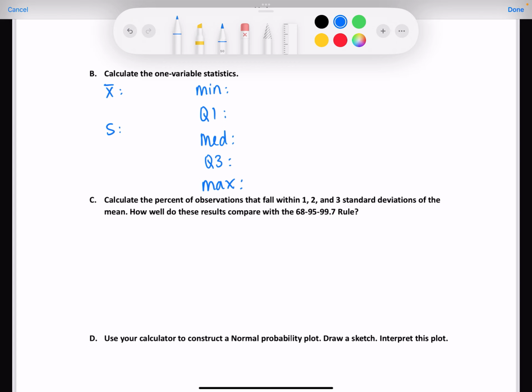Alright, so an X bar of 15.6, a standard deviation of 2.5 or 2.6, min of 9.4, Q1 13.6, median 15.8, Q3 17.5, and max 22.8.